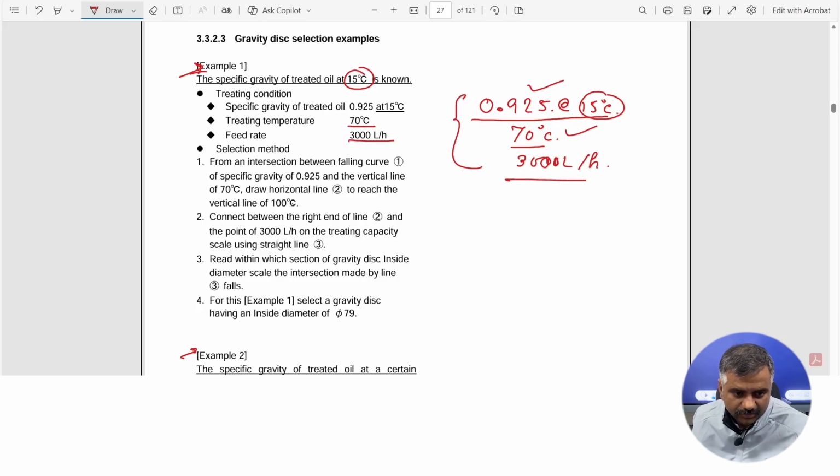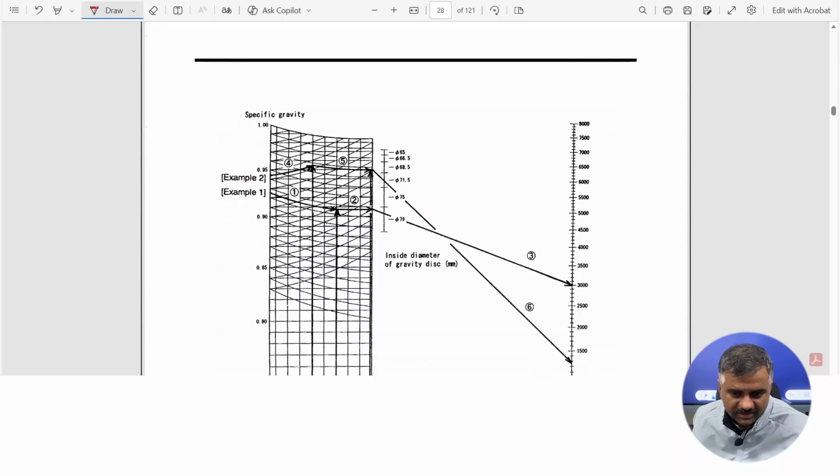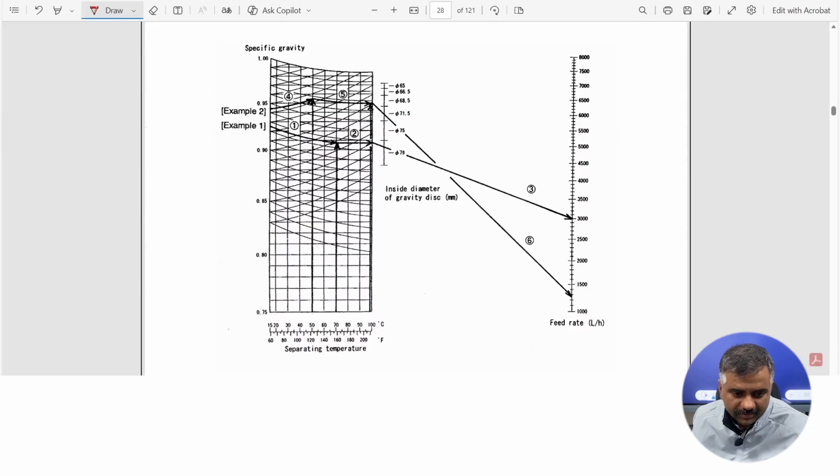Now this is the nomogram. So basically in the nomogram, what do we see? On the y-axis we have the specific gravity, on the x-axis we have the separation temperature, and on this block we have the feed rate in liters per hour.